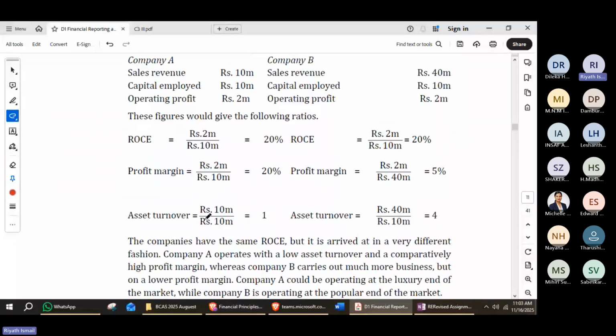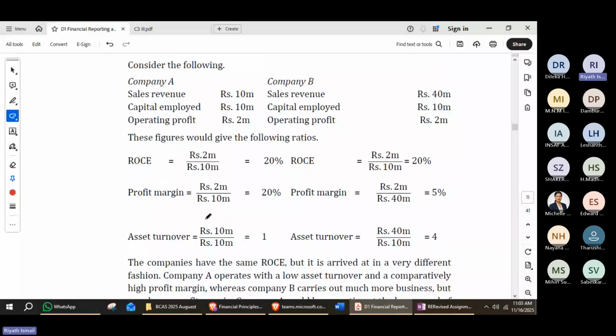Here is an example. Consider the following: company A and company B. Both have capital employed of 10 million, and the same operating profit. But the sales of company A are 10 million and the sales of company B are 40 million.